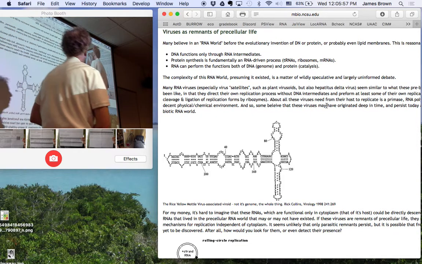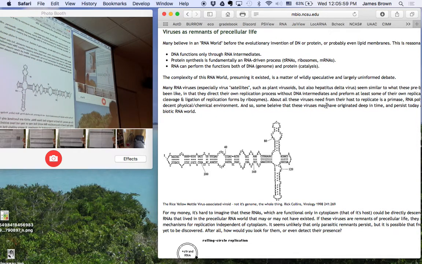It's also been proposed that some viruses might be relics of a pre-cellular RNA world. I'll admit that I don't buy this at all. Nevertheless, the folks who study these things often do talk about this. Well, first of all, it requires that you believe in an RNA world. That is, a time in evolutionary history before the invention of DNA and protein, but after the invention of RNA.